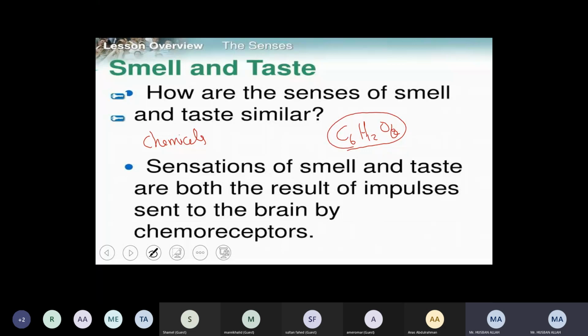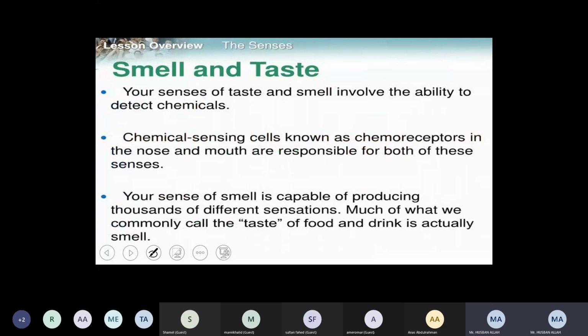If we breathe, the sense of smell is taken in the breathing, and that is also chemical, so it will stimulate the chemoreceptor. Your sense of taste and smell involve the ability to detect chemicals, the chemicals which are present in the food you are eating.